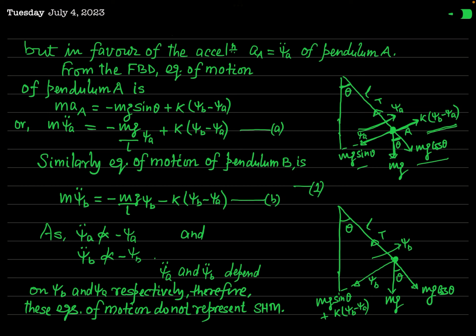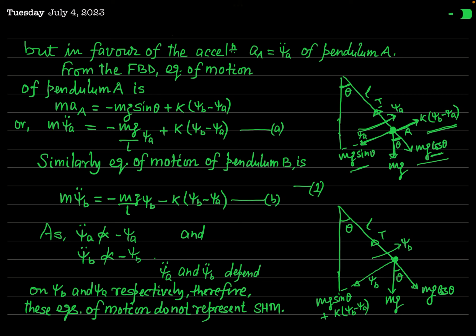So what will be the net force acting on this bob in the direction of acceleration? Here the tension T developed in the string is cancelled by mg cos theta, and the resultant force acting on this bob in the direction of its acceleration will be k into psi b minus psi a minus mg sin theta.